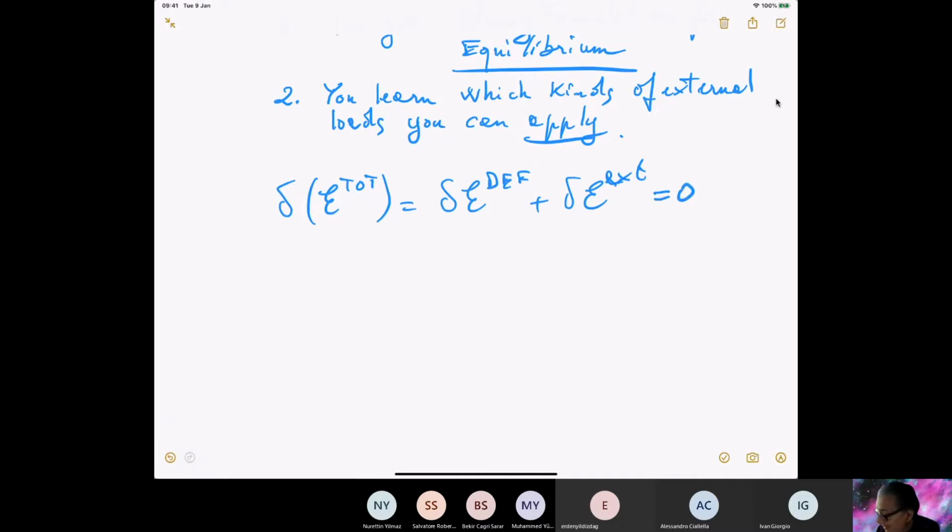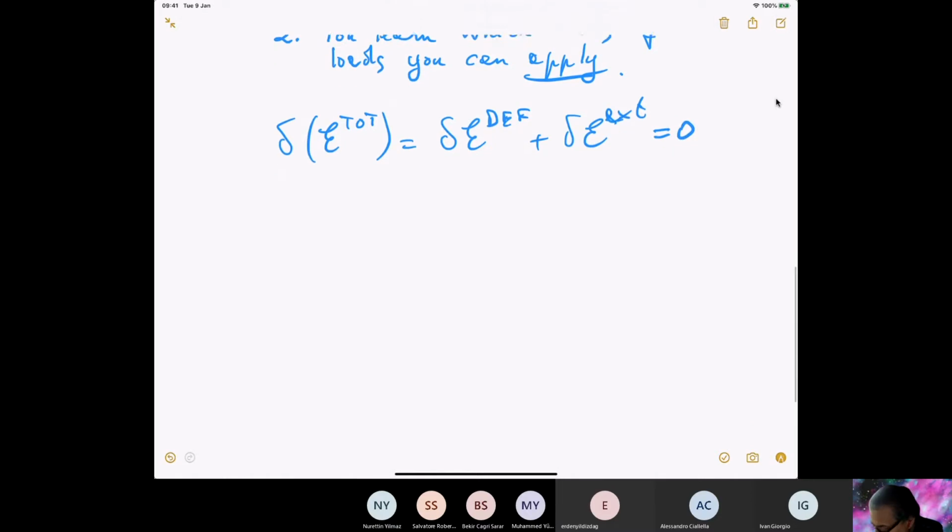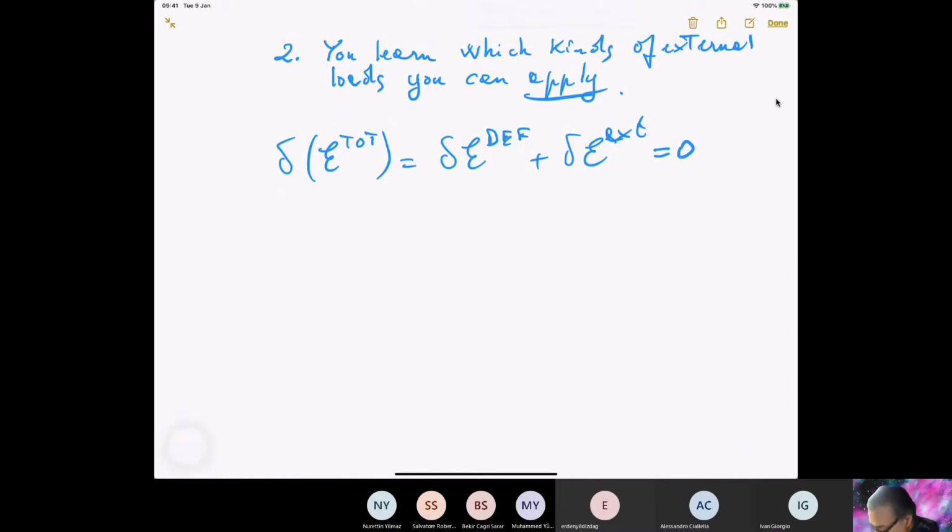So as we said last time, if I introduce an external concentrated force, so I imagine to have a material point x bar, and I consider this external interaction.